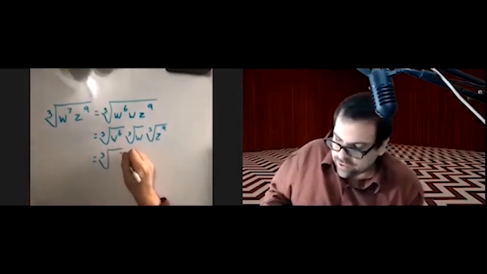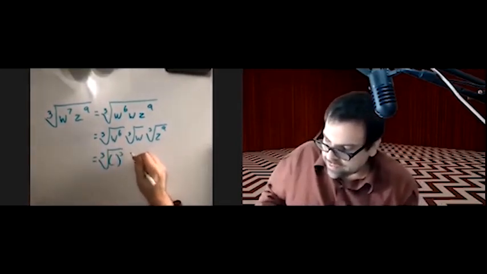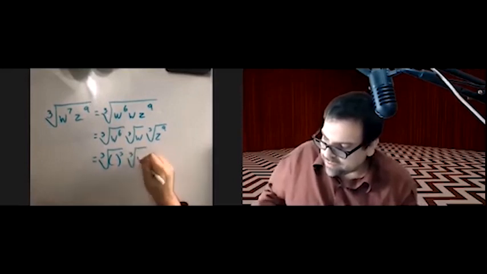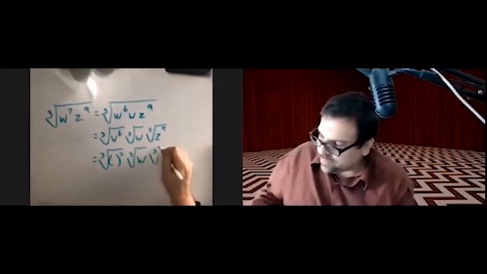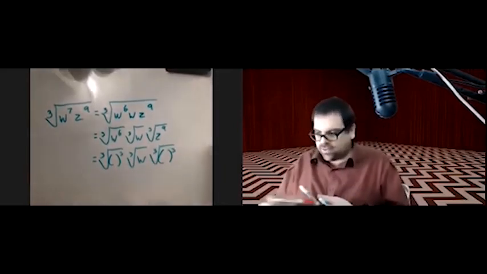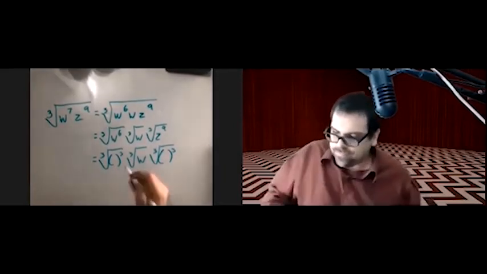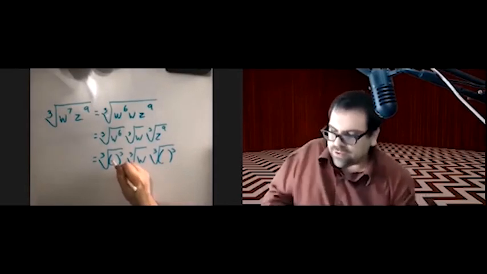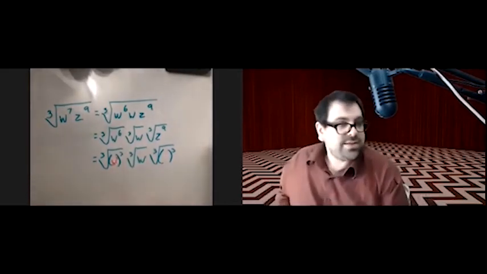Cube roots and cubes cancel each other out. Can't do anything with the middle one. Cube root and cube cancels each other out. W squared cubed gives us w to the 6th.